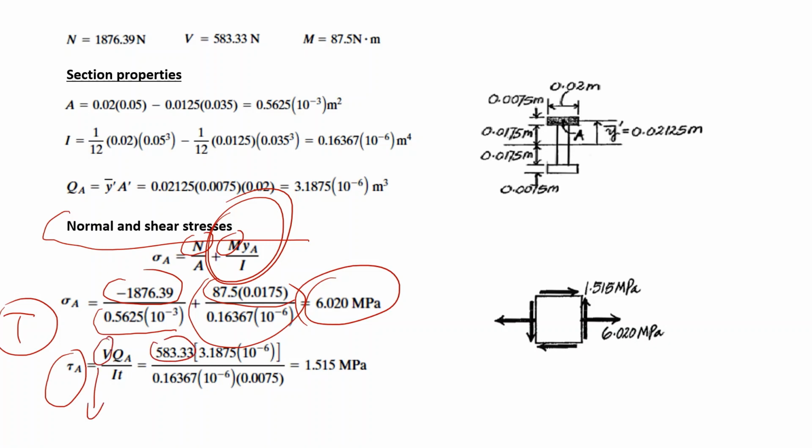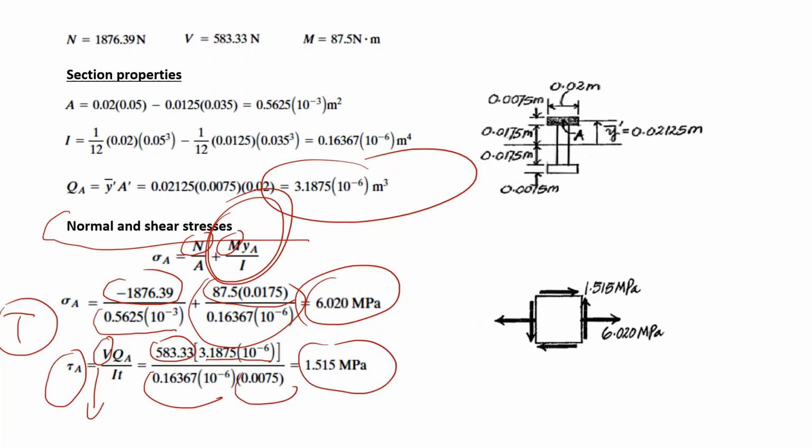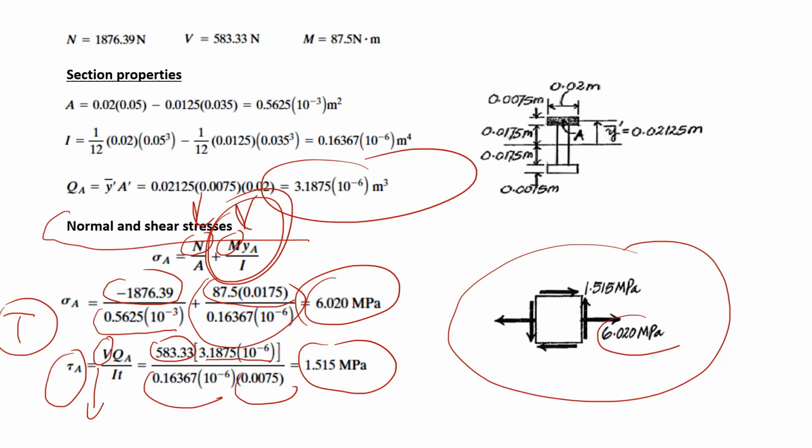We know the shear force, we have calculated the Q value, I is known, t is known, and so we have the shear stress. So as you see, we have a stress state like this: the normal stress due to normal force and bending gives you a positive 6.02, and the shear stress is 1.55 megapascals.